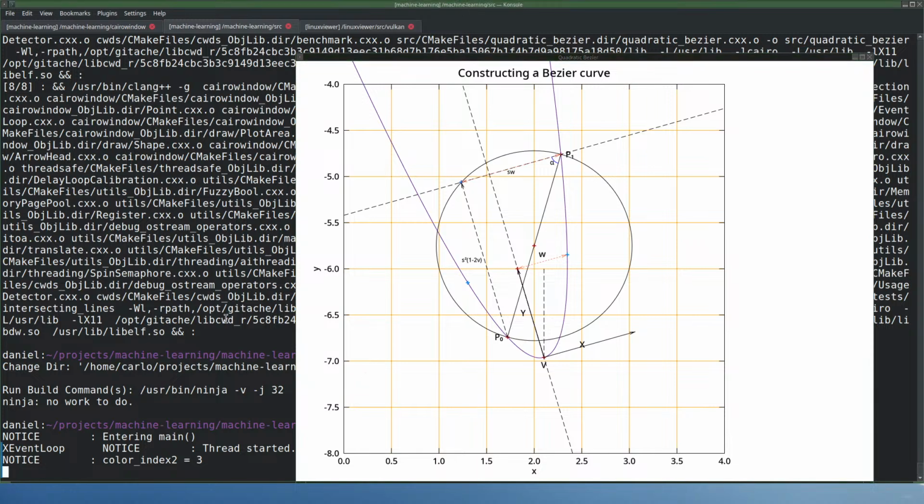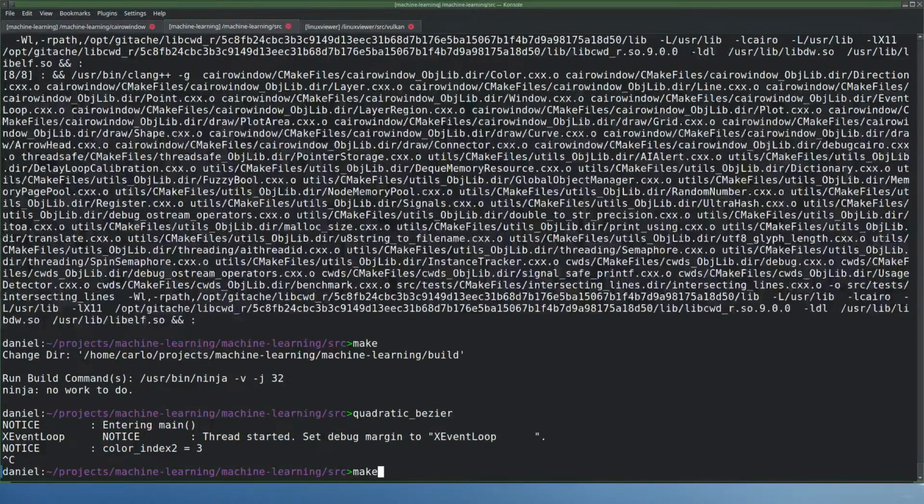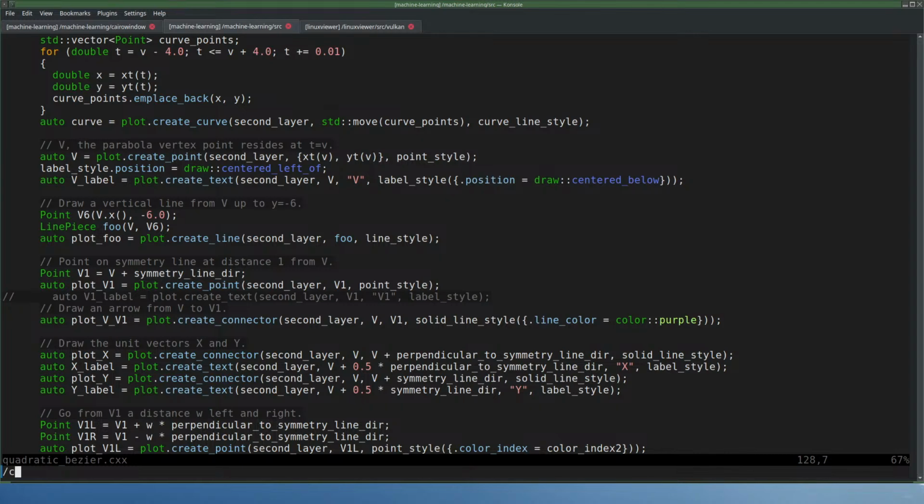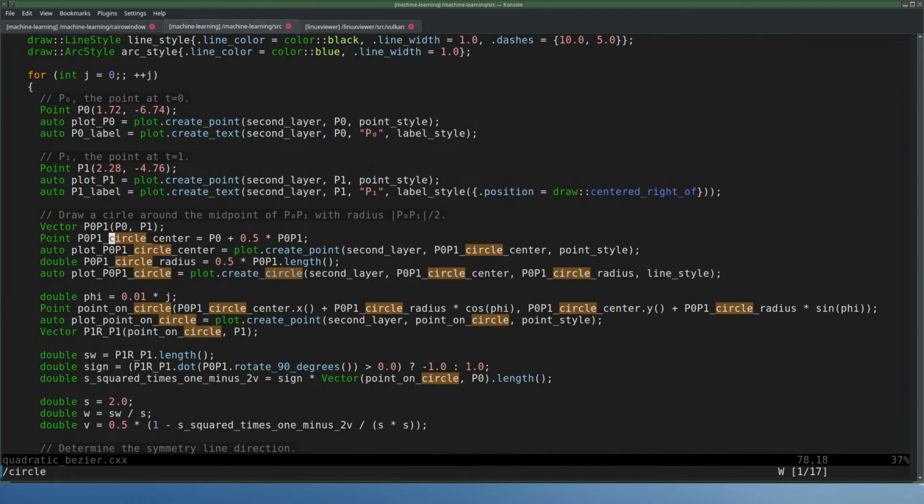Let's make the circle gray. It's not that important anymore. Create circle.